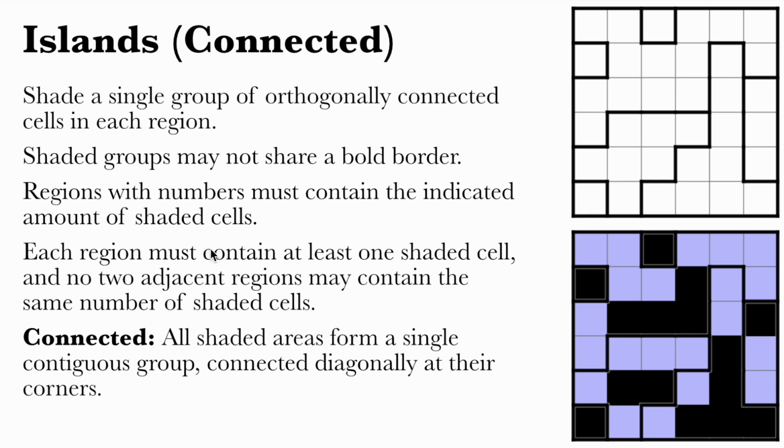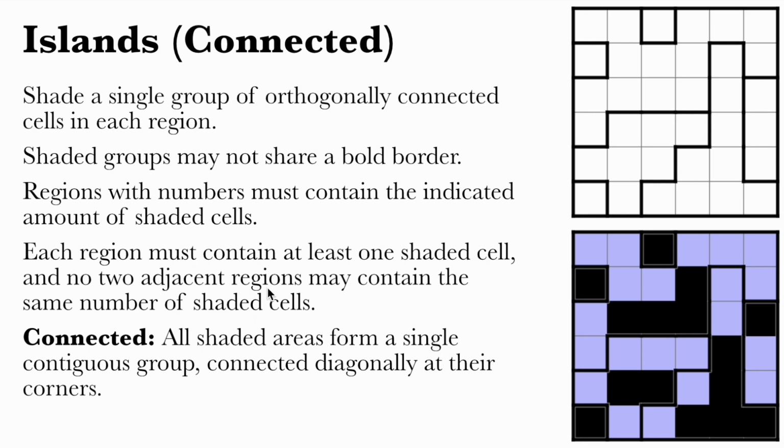And each region must contain at least one shaded cell, and no two adjacent regions may contain the same number of shaded cells. So the way this example is going to get started, if you were to solve it, is that you would probably see some regions that only have one cell, and we would know that it contains at least one shaded cell, so that's shaded.